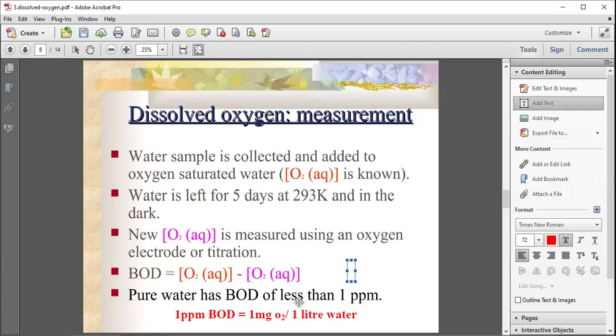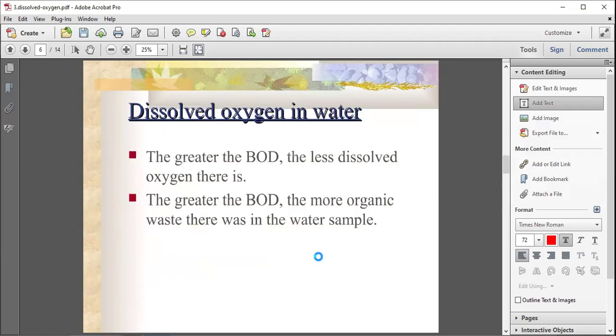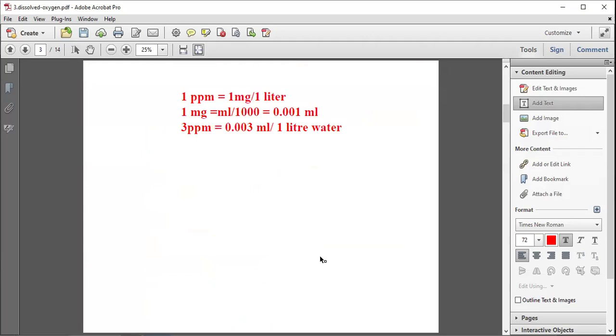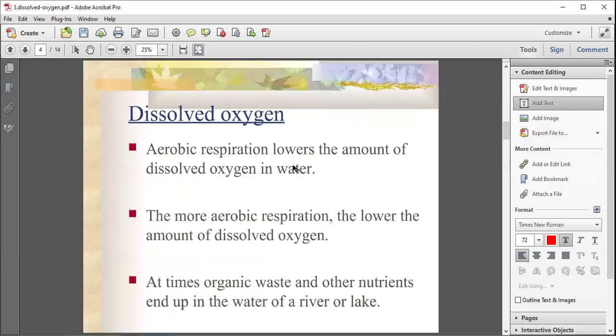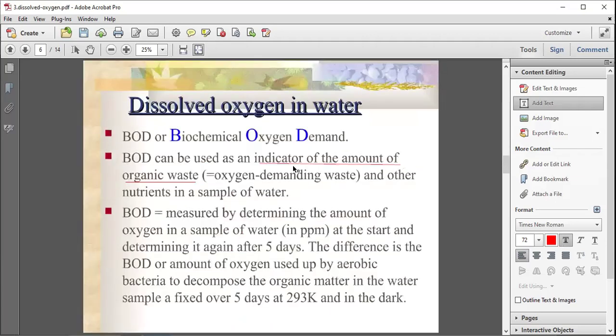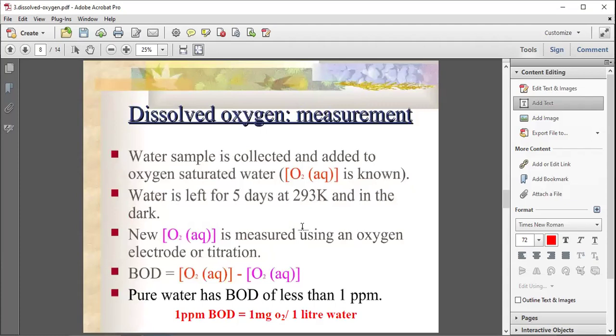So 1 milligram is equal to about 1 milliliter. Normally, we measure oxygen in weight, not in liters.